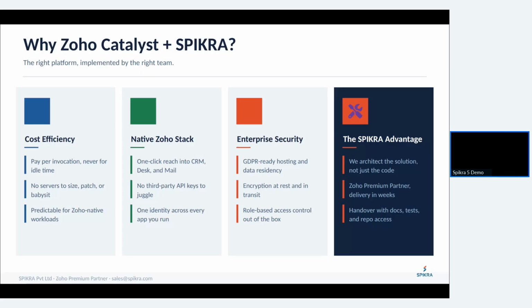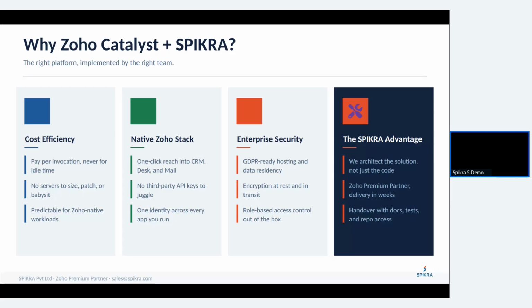But this is not the best part. The best part is we have the expertise. Expertise in the sense we have already worked on multiple Zoho Creator projects and Zoho Catalyst projects for our customers. So we have in-depth knowledge of Zoho Catalyst.